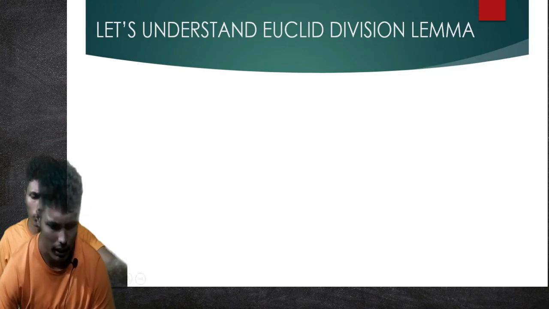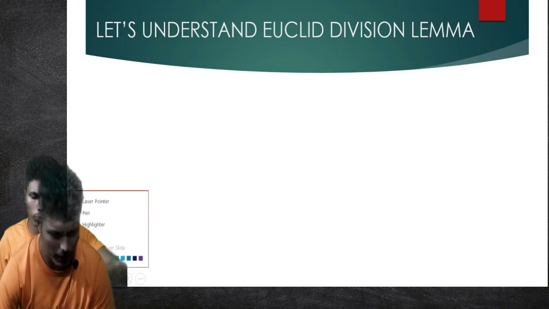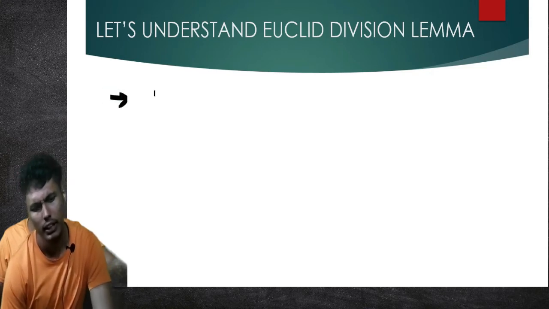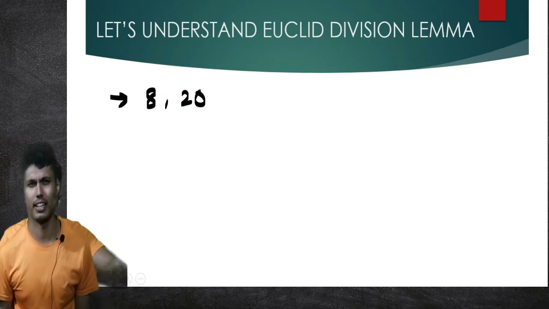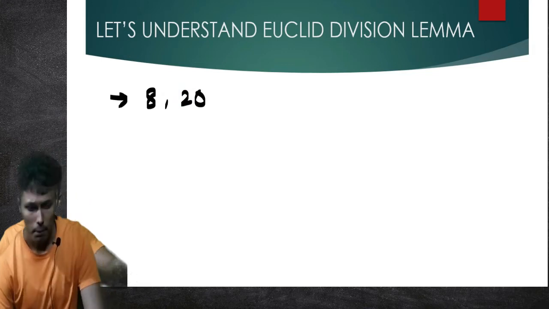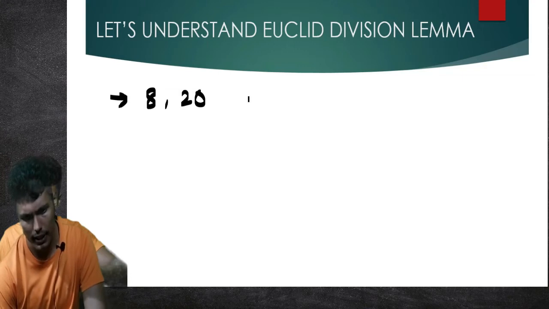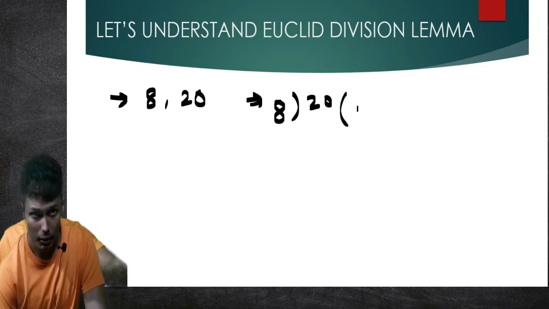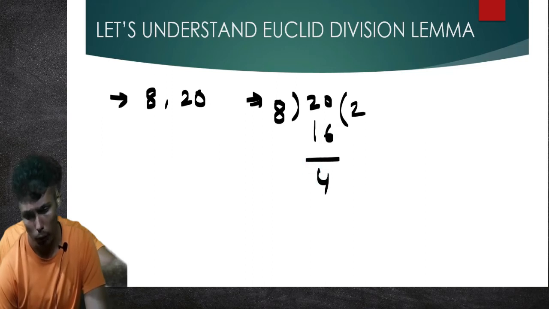Suppose the numbers are 8 and 20. Then let's divide the number 20 by 8. 8 twos are 16, remainder is 4.